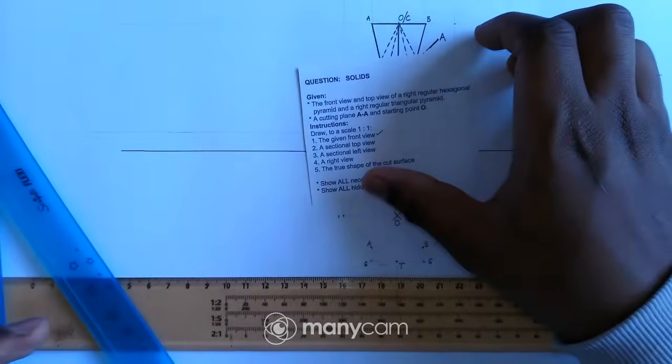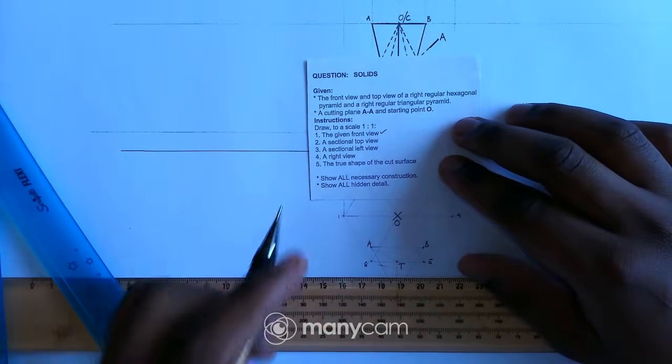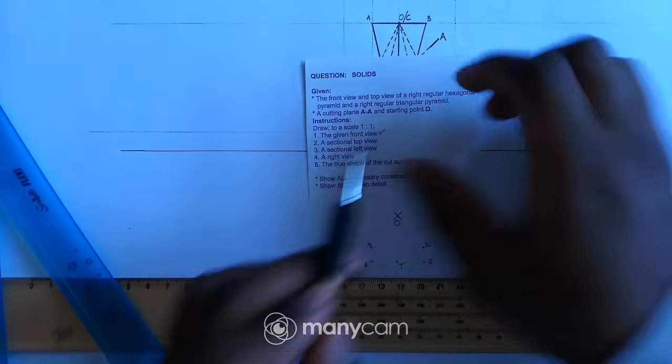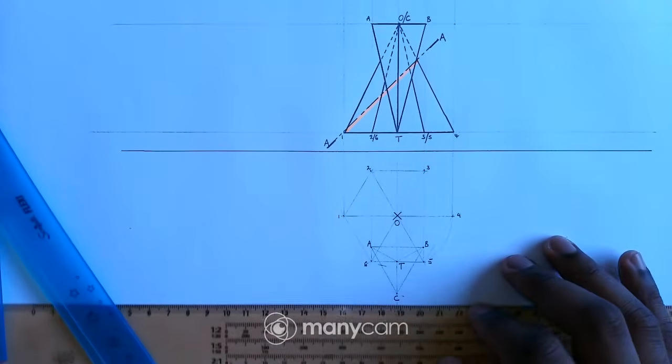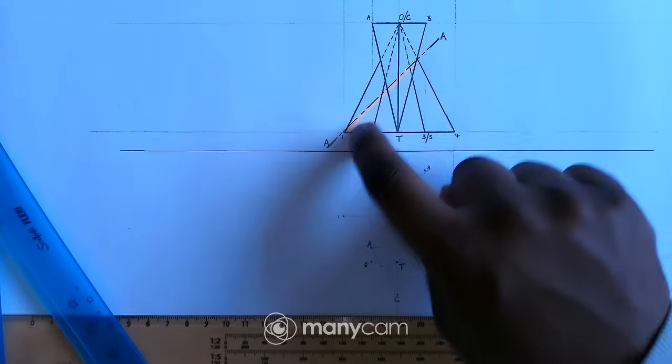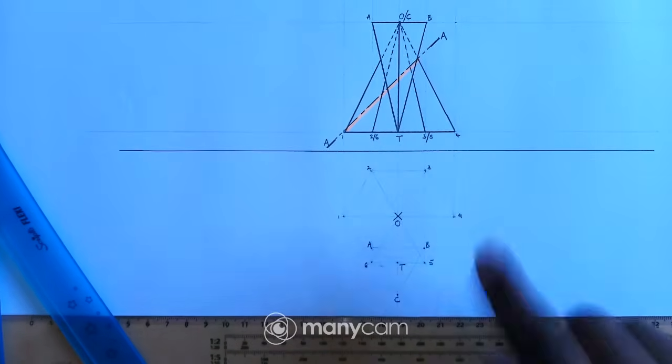So now I'll move to the sectional top view, because now I do have my cutting plane there. That means I'll just project all the points from the cutting plane there down to the section here.